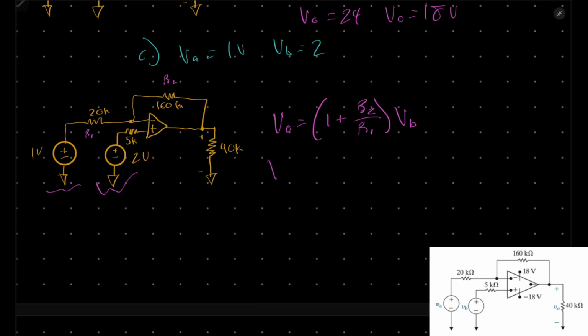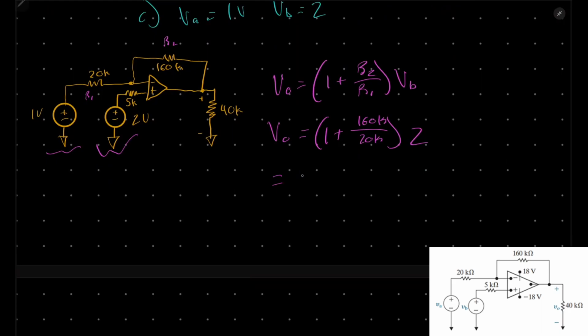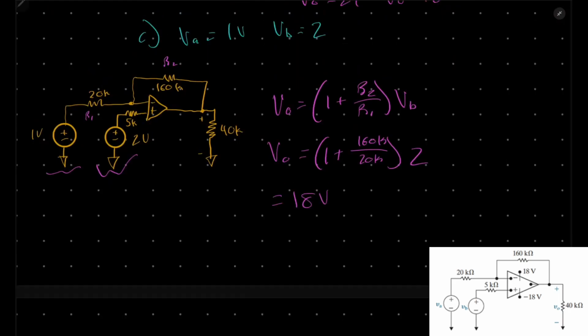So plugging in, we get 1 plus 160k over 20k times 2. And in doing so, we get 18 volts.